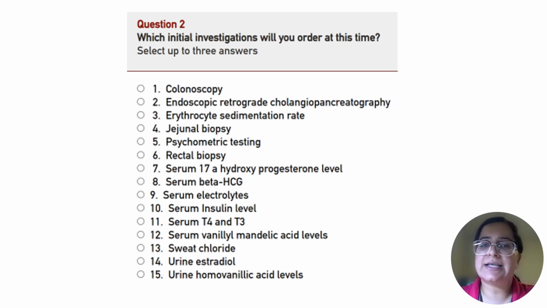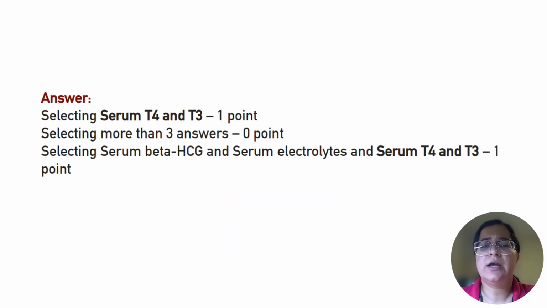So if you've gone ahead with thinking that this is a thyroid disease, obviously you think about doing serum TSH, and you do think about doing serum T3 T4 for this question, so that carries 1 point. If you select more than three answers, that carries 0 points.